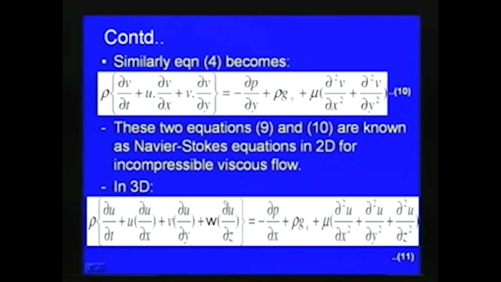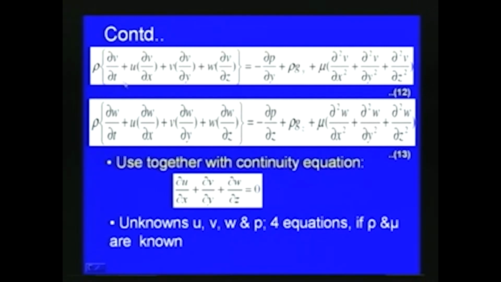This is the equation in the x direction for the 3 dimensional problem, considering the velocity components u, v and w. Similarly in the y direction we can write ρ(∂v/∂t plus u ∂v/∂x plus v ∂v/∂y plus w ∂v/∂z) equals minus ∂p/∂y plus ρgy plus μ(∂²v/∂x² plus ∂²v/∂y² plus ∂²v/∂z²), equation number 12.